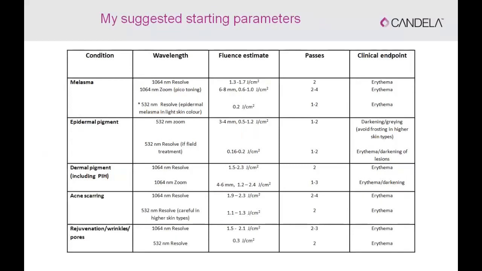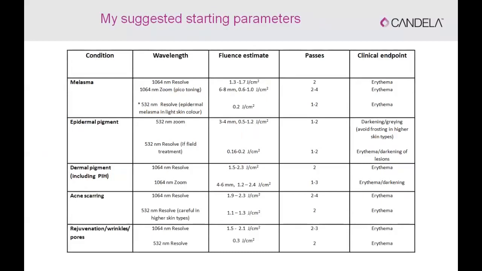For dermal pigmentation, including post-inflammatory hyperpigmentation, I would use the 1064, and again I like to use the Resolve handpiece first, followed by the Zoom handpiece, but in this case my Resolve fluences are higher than for melasma. In general for melasma I tend to use lower fluences, which goes also for the Resolve handpiece, but for post-inflammatory hyperpigmentation, slightly higher fluences.